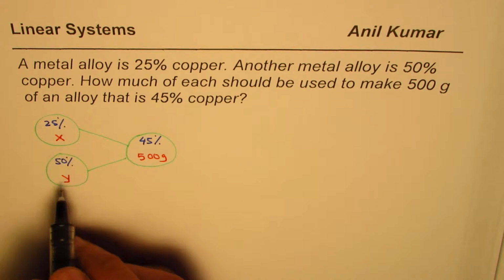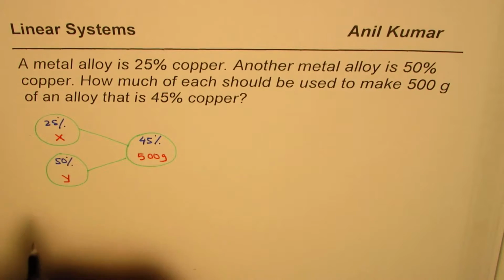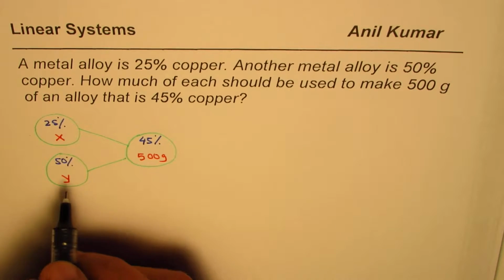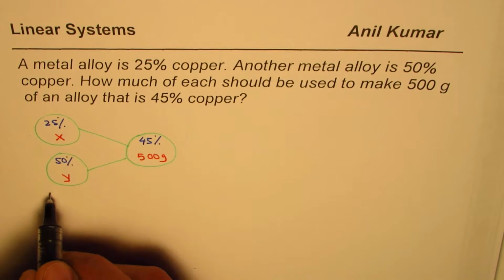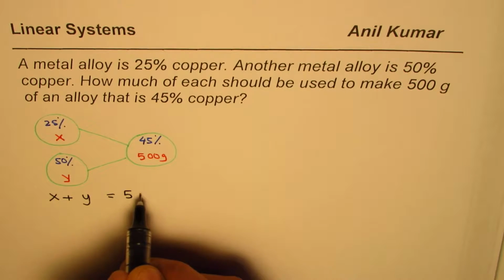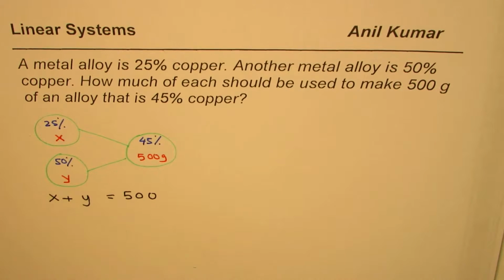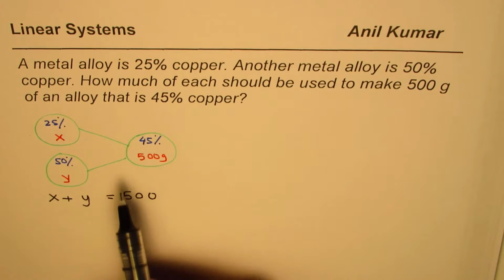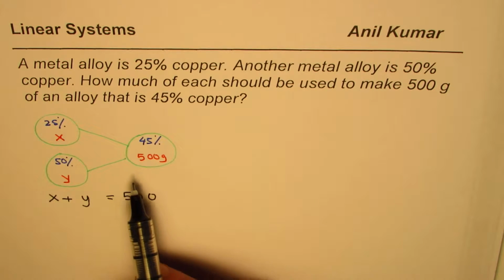So these are our variables, right? So we have defined the variables. Now we can write down the equation as X plus Y equals 500, since the total amount should be 500 grams.